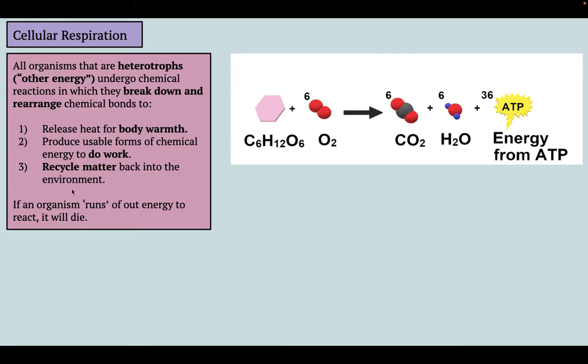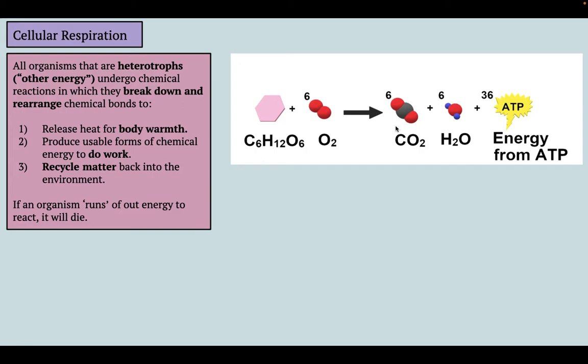The reasons why these reactions happen is, one, it produces heat for body warmth, and depending on the individual species that we're looking at, they might need a lot or a little of body heat to stay alive in their environments. It produces usable forms of chemical energy, so sugar unto itself is too big and too reactive to actually use to do work within our cells.